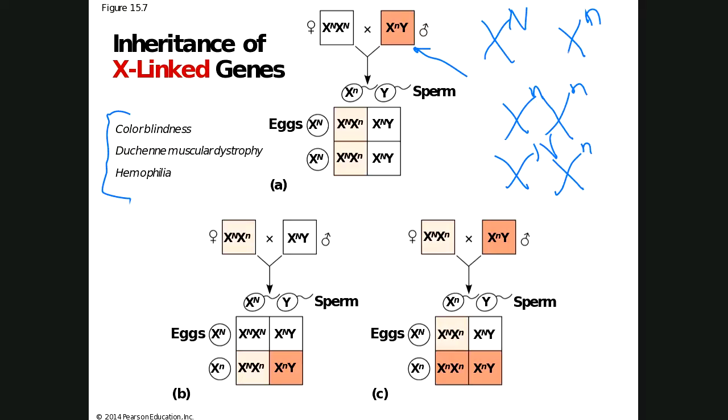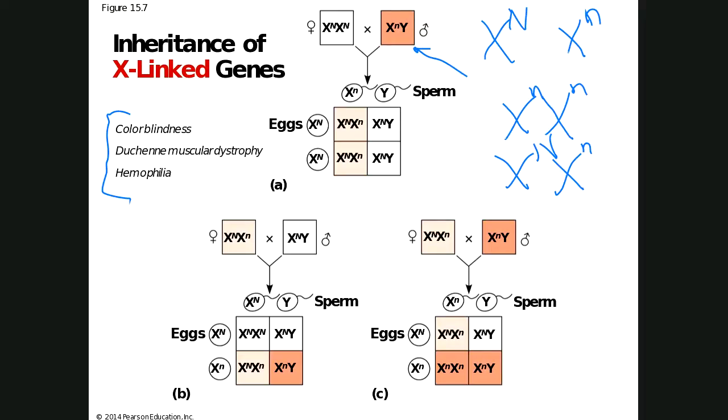I know I blurted it out, that's fine, but type it in there. This is an important concept to understand about X-linked characteristics. When you're working your genetics problems, a lot of them are X-linked genetics problems.